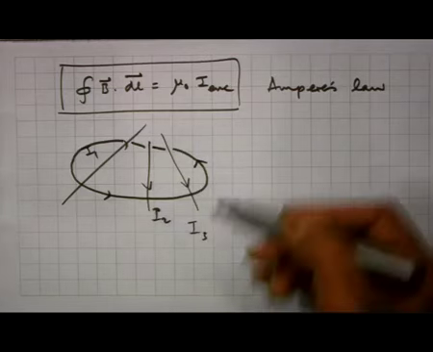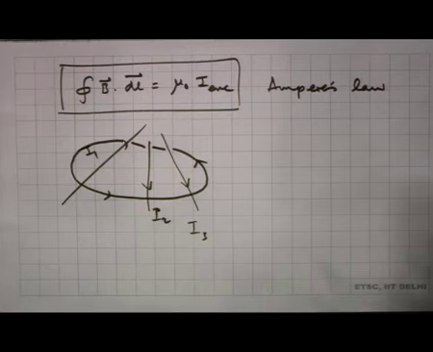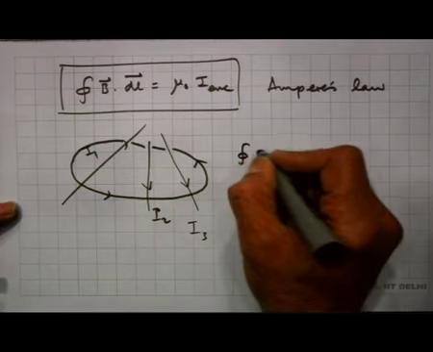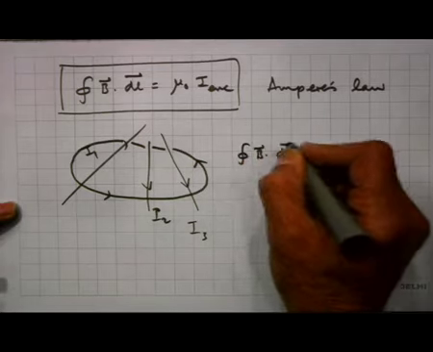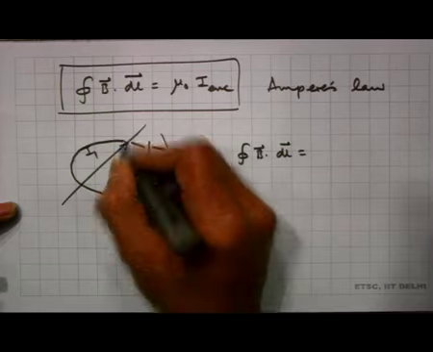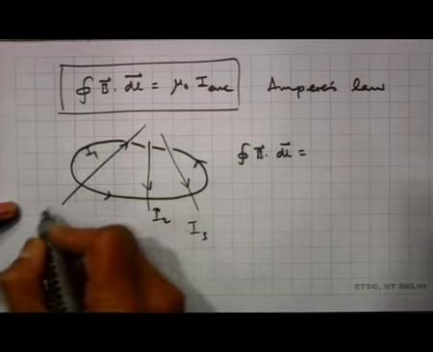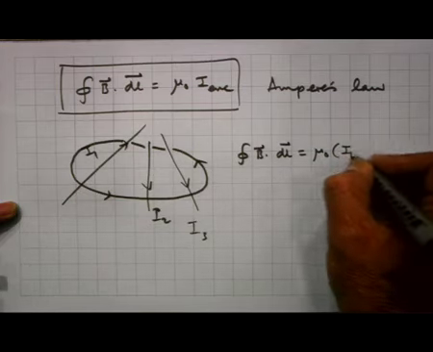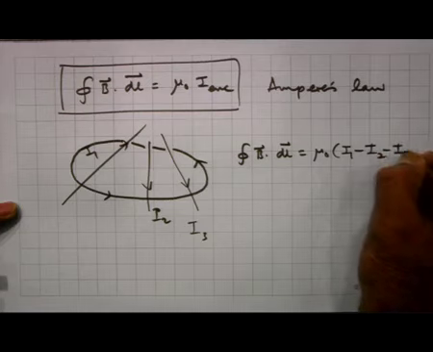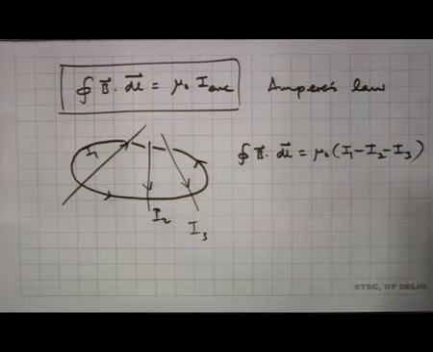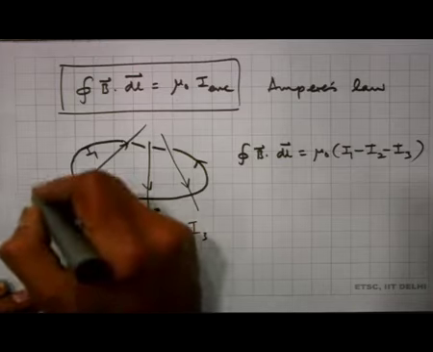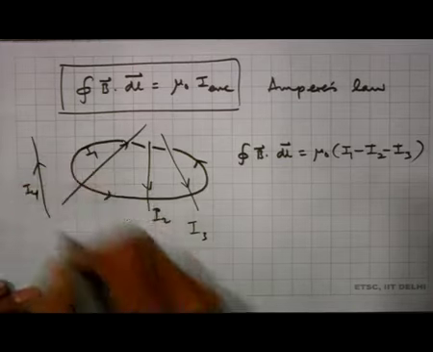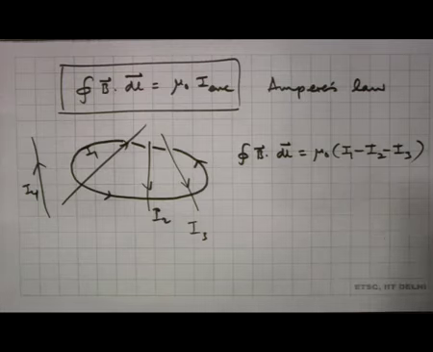So, although the curve is not in the plane containing the current, I still have integral B dot dl equal to, now in this case as you can see here, this direction corresponds to positive direction with respect to this current. So, this is mu naught times I 1 minus I 2 minus I 3. And if I have another current carrying conductor here, for example I 4, it does not contribute to this integral because it is lying outside the loop of integration.